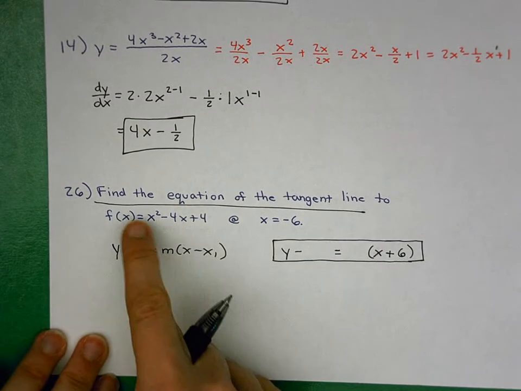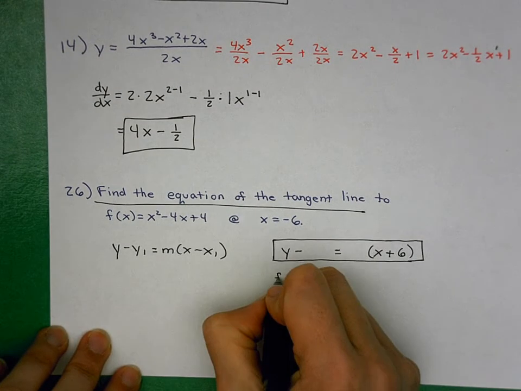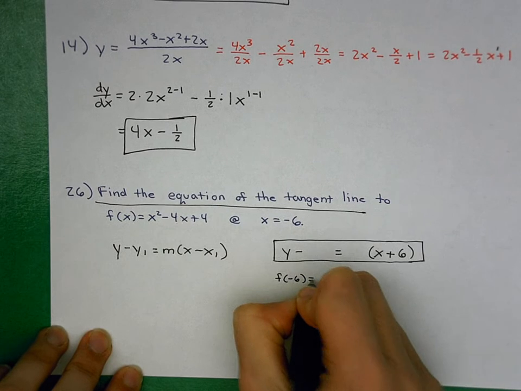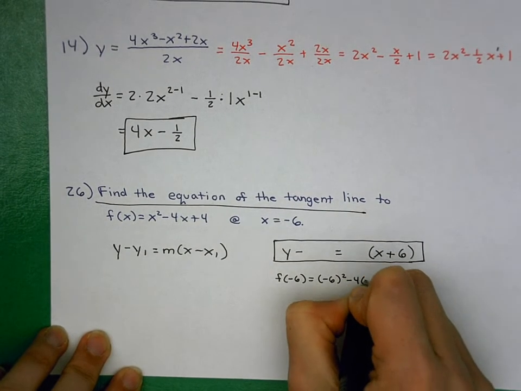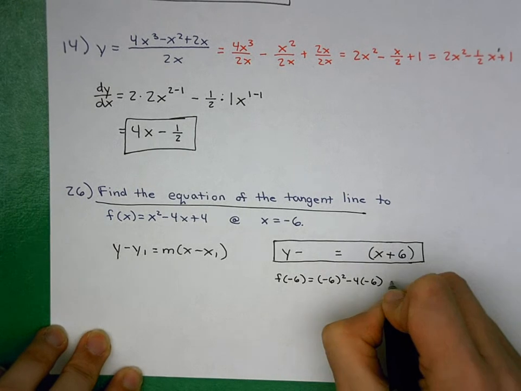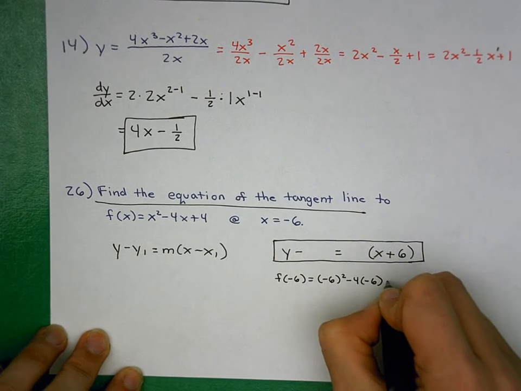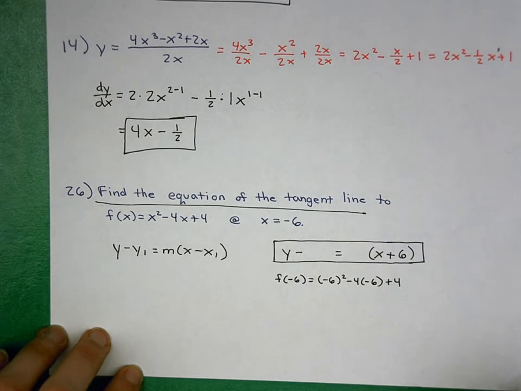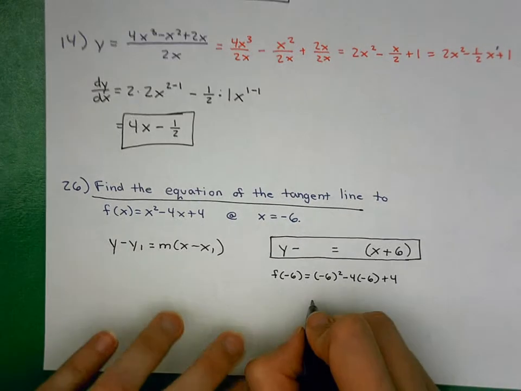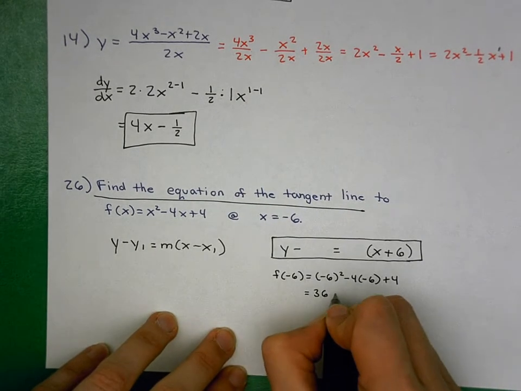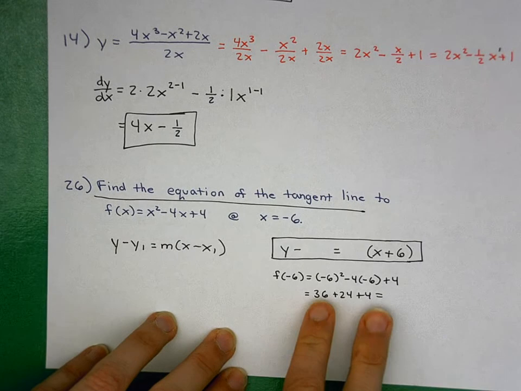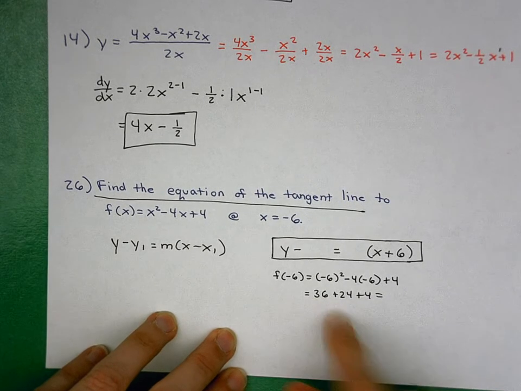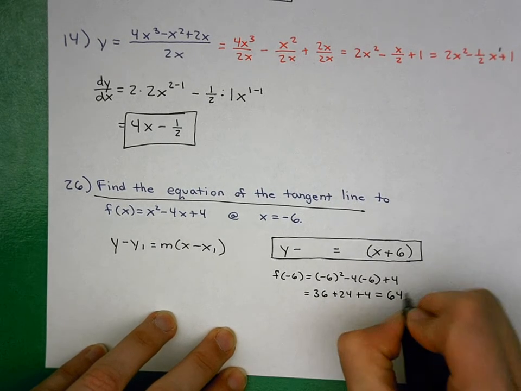Okay, so if I take negative 6 and plug it in, what does my y1 equal? Well, it would be negative 6 squared, which is 36, minus 4 times negative 6, or plus 24, plus 4. Okay, well, 36 plus 24 plus 4 is 40 plus 24, or 64.